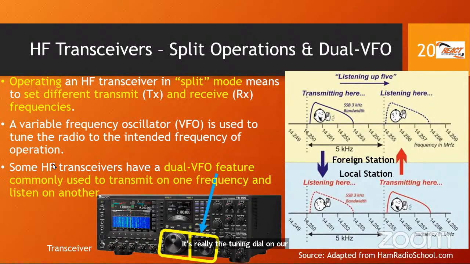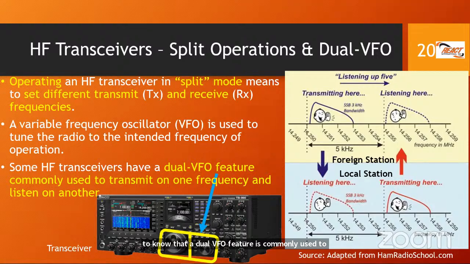All right. And of course, some of the more expensive and better transceivers will have dual VFO. That means you can transmit on one frequency and listen on another. Sometimes they actually have 2 different dials and 2 different displays, or sometimes it's one display. Again, different radios, different cost structure will have different features. However, for the exam, we need to know that a dual VFO feature is commonly used to transmit on one frequency and listen on another.